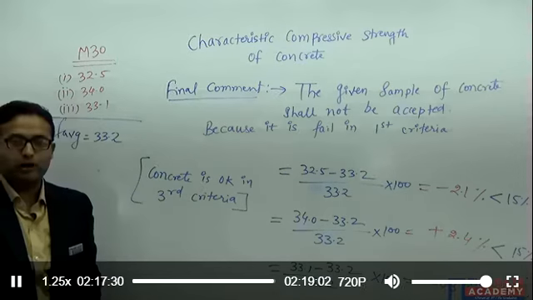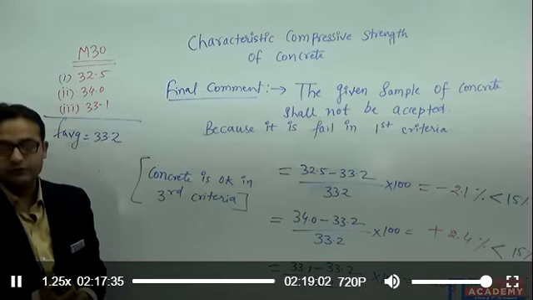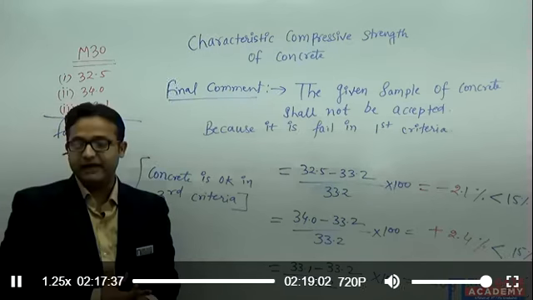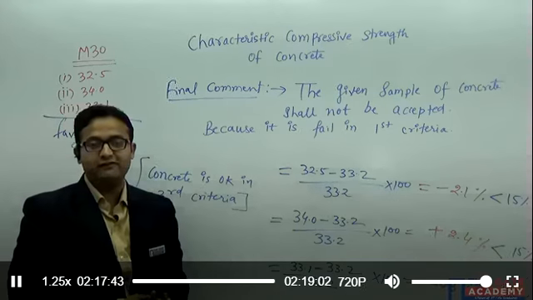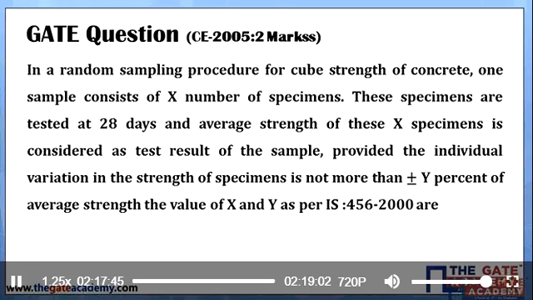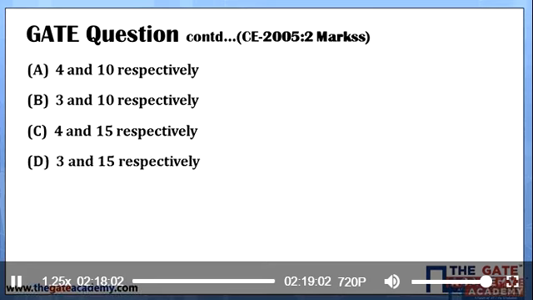Let's solve one problem. Please see your PPT: GATE 2005 for 2 marks. Of course, the answer is 3 and 15. So this was the question, and these are the options.